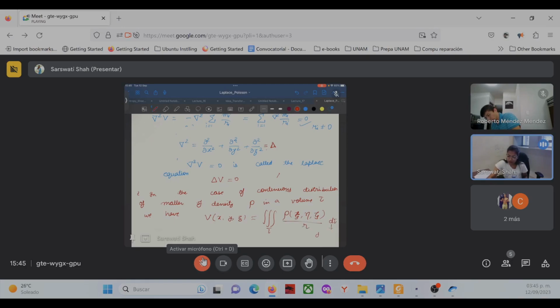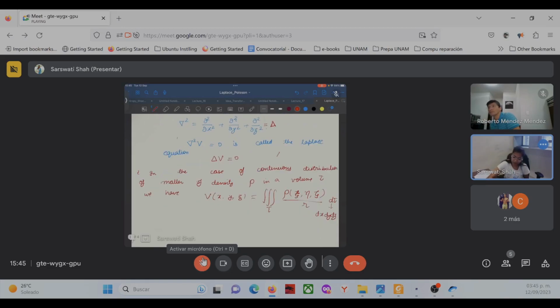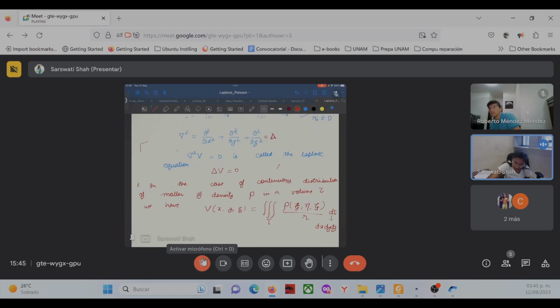So this d tau will basically be dx dy dz, because tau is volume, so d tau is the volume product of the small element of the volume, dx dy and dz. This represents the small element. Like I took a small element, this is going to be dx, this is going to be dy, and this is going to be dz.